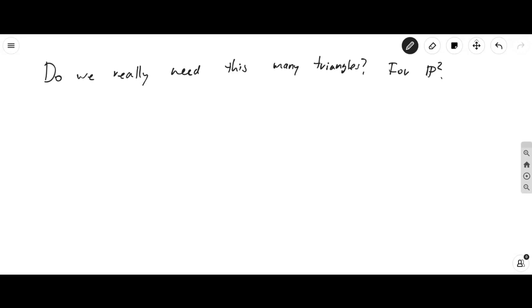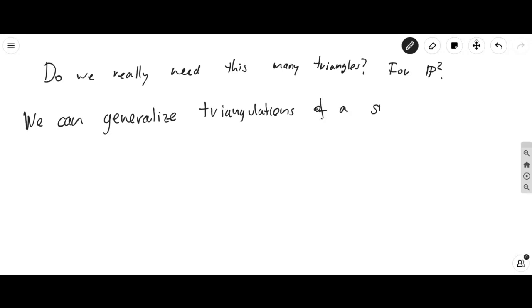Do we really need that many? And it turns out that we can improve, we can generalize triangulations of a space to simplify computations.